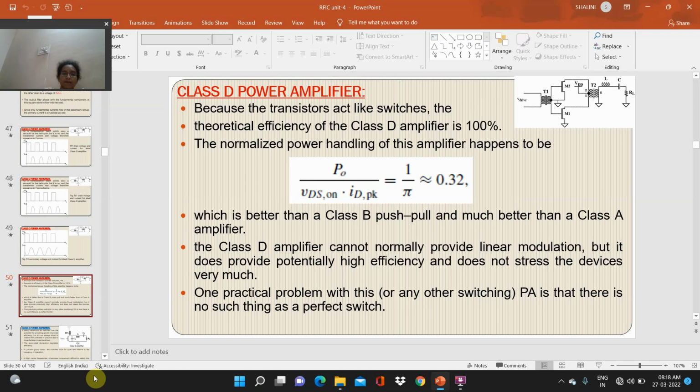The Class D amplifier cannot normally provide linear modulation, but it does provide potentially high efficiency and does not stress the devices very much. One practical problem with this power amplifier is that there is no such thing as a perfect switch.